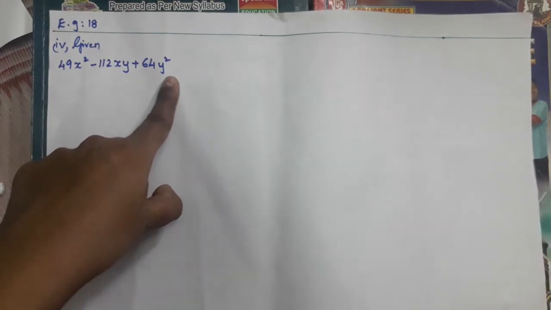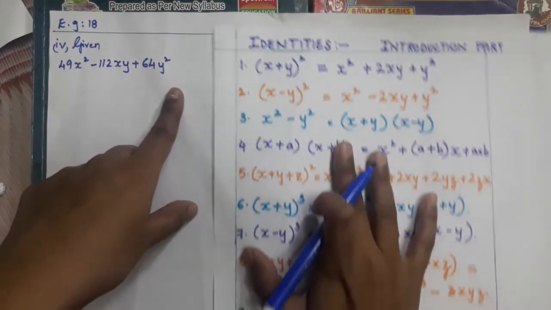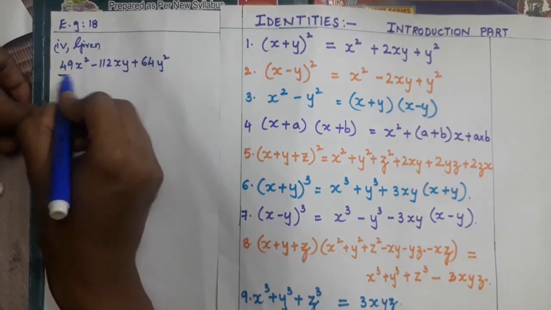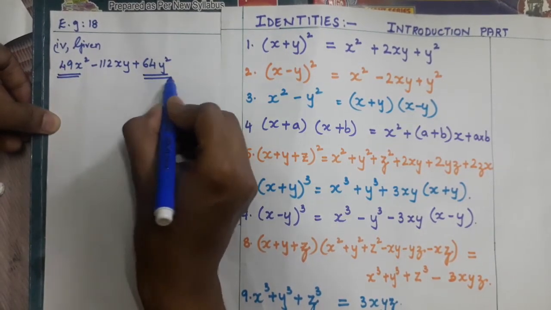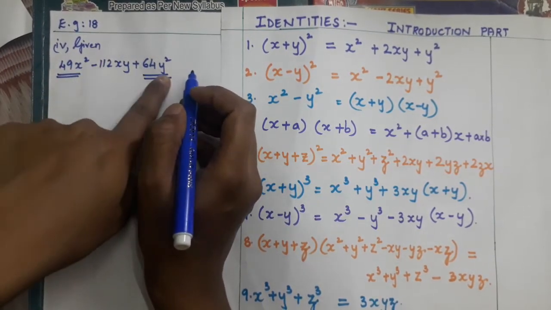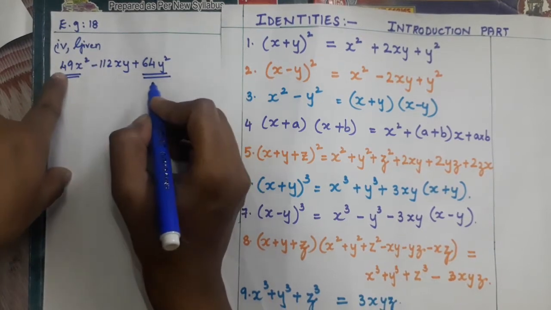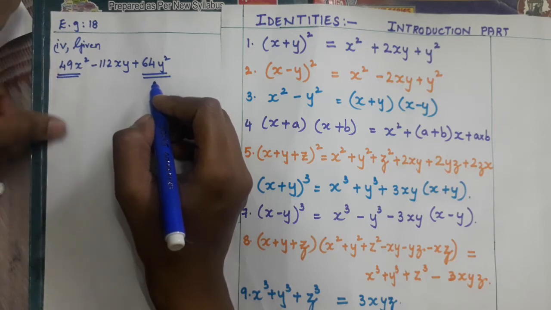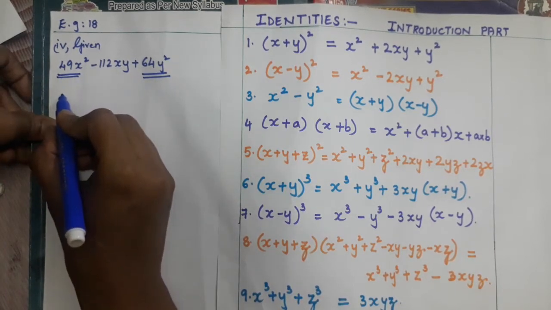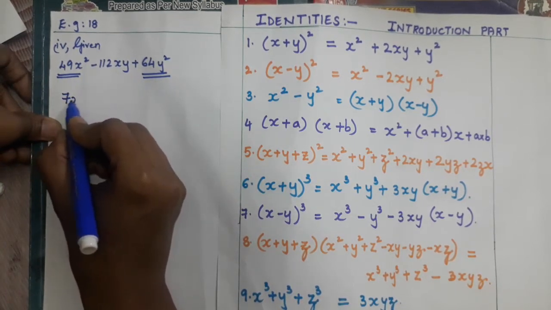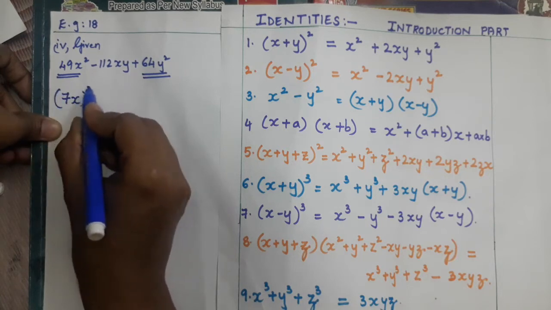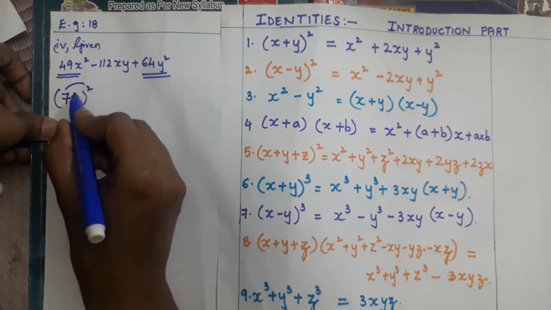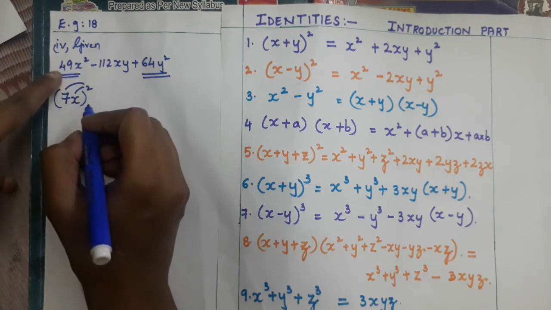Now see here, first the square terms we have to make in square, children. This x square is there, here y square is there. So for the whole we have to make a square, because here a number is there, and for this number also we need a square. Now 49, how can I write? 49 I can write as 7x whole square. 7 7s is 49, x into x is x square.